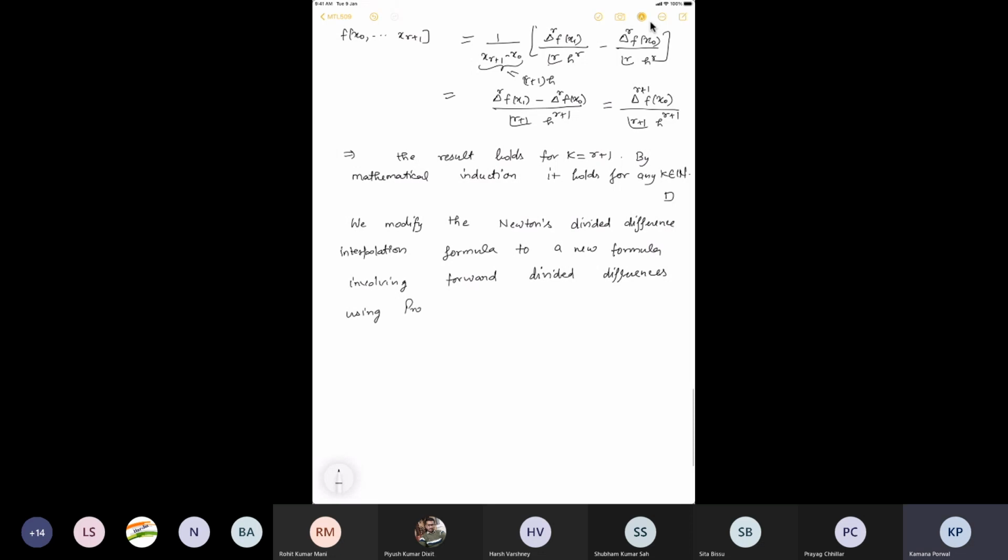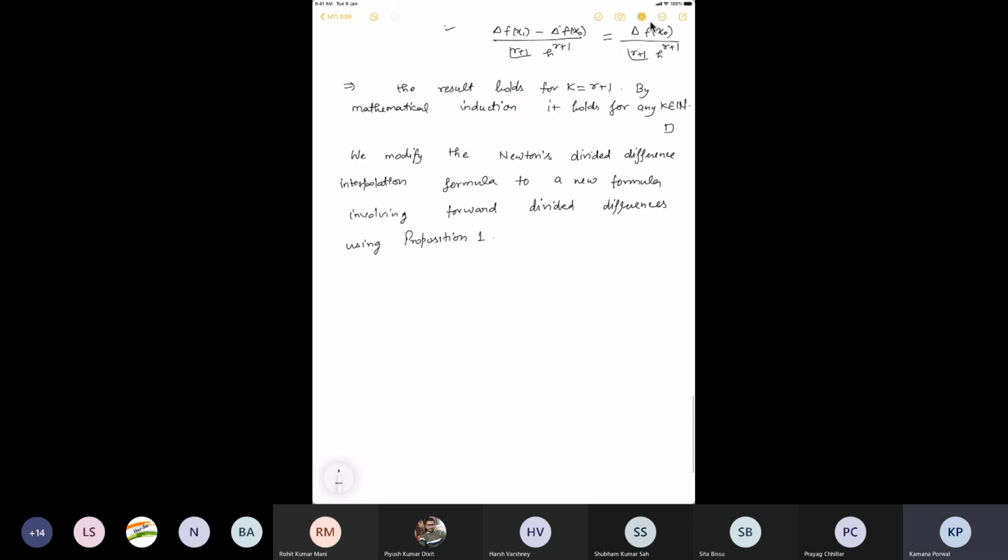For that we are going to use proposition 1. Let's see how we do it.